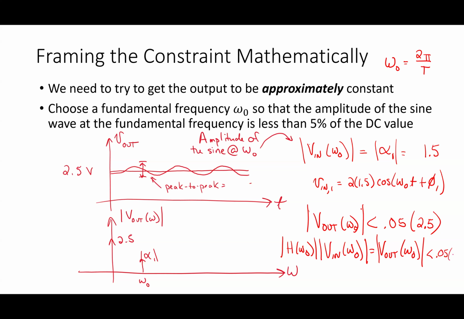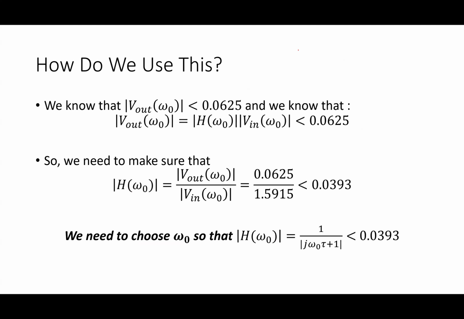So basically what we need to do is we know this value, so it's about 1.5. That creates a constraint on what the magnitude of H of omega naught must be. Basically, the magnitude of H at that frequency must be less than, so it works out to be, 0.05 times 2.5.